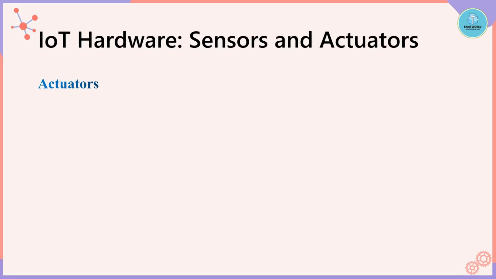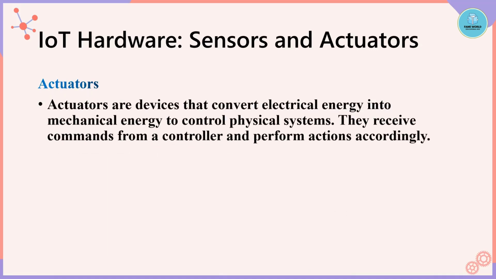So when we talk about actuators, actuators are basically devices that convert energy into motion. In other words, actuators are devices that convert electrical energy into mechanical energy to control physical systems. They are an essential component in various systems, providing the means to control a mechanism or system.